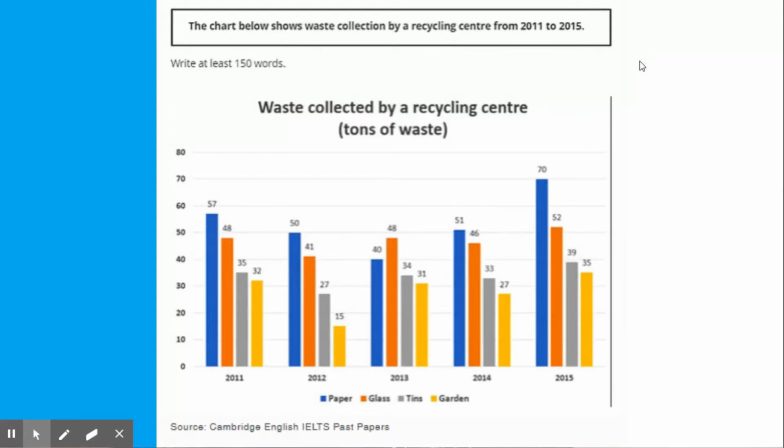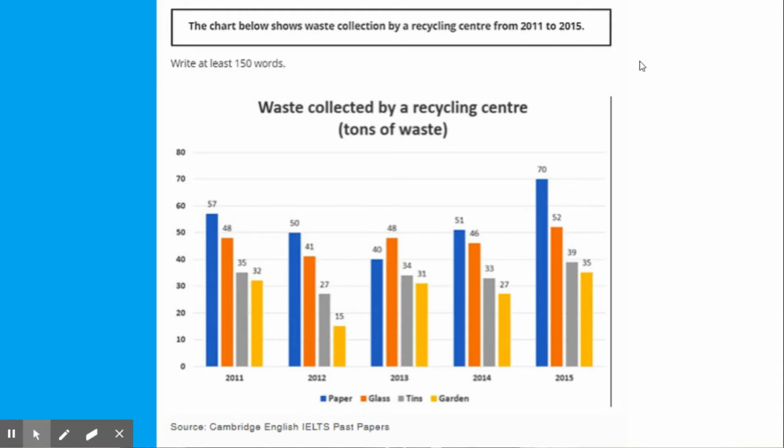So this is the question. It's about waste collected by a recycling center. Look at the year, look at the data. Is it static or dynamic? Remember, because it's going to be different if it's static and if it's dynamic. So basically, when it is static, the language will almost be the same with pie charts.